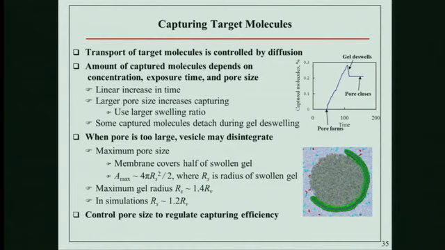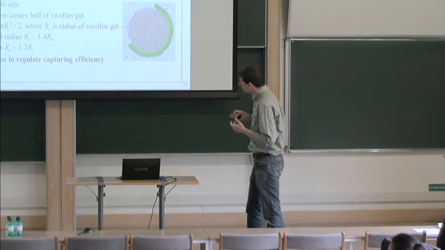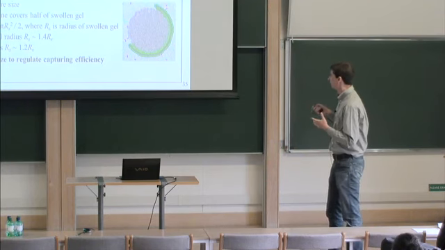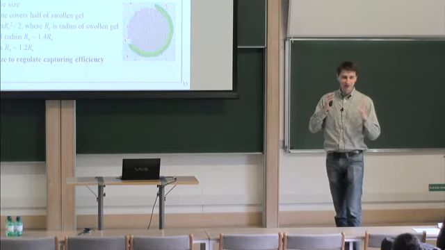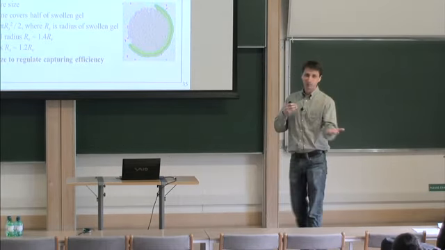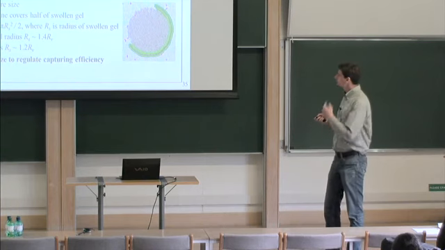We can do simple estimates based on the area of the lipid, so the maximum radius of the gel after swelling is 1.4 times the radius of the vesicle. In this simulation we use 1.2, but you can see it's already close to the situation where the lipid covers almost less than half of the gel, so it's a tricky part, because the gel can go out, right?